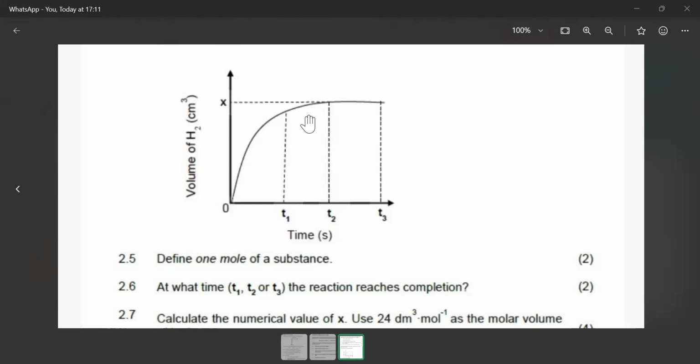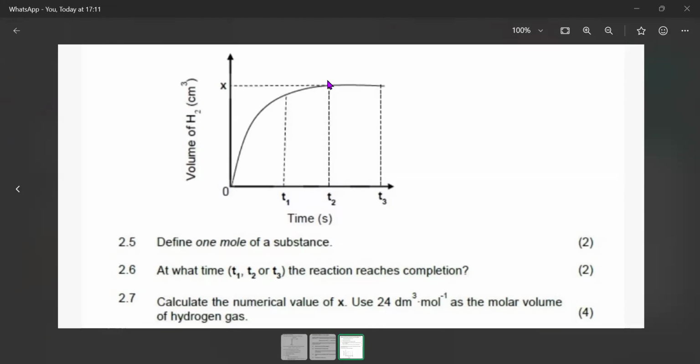Well, they say define 1 mole of a substance. You can easily do that. And now they say at what time does the reaction reach completion? If you look at those times, you see an "or". It's very important to see an "or" because it means you have to choose one time. So it's just going to be T2.